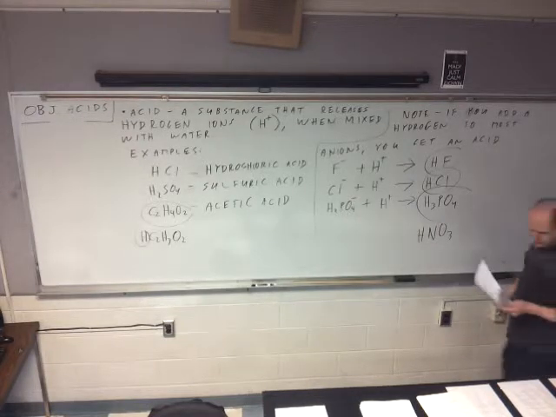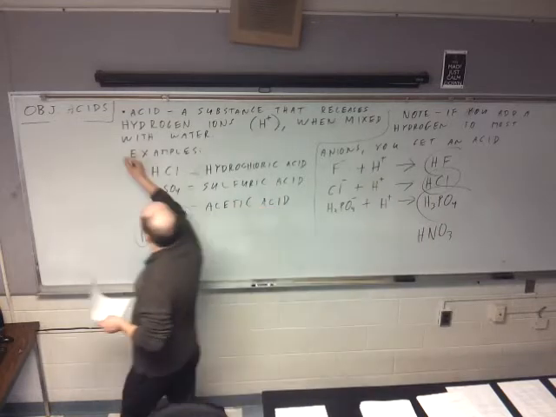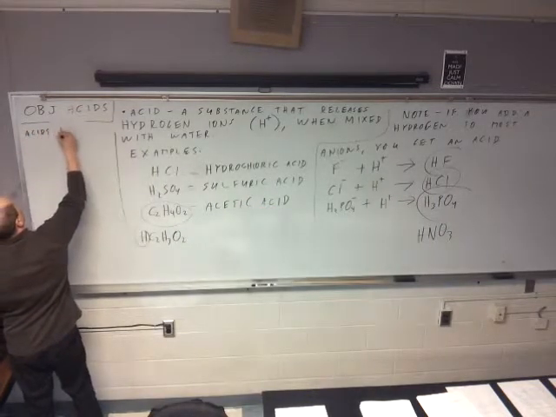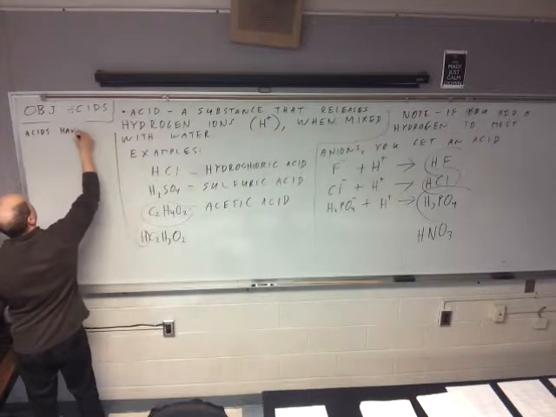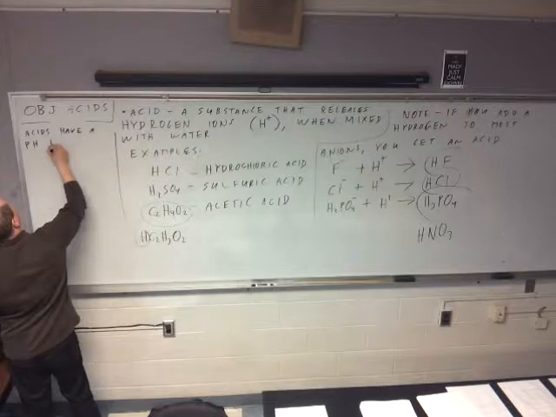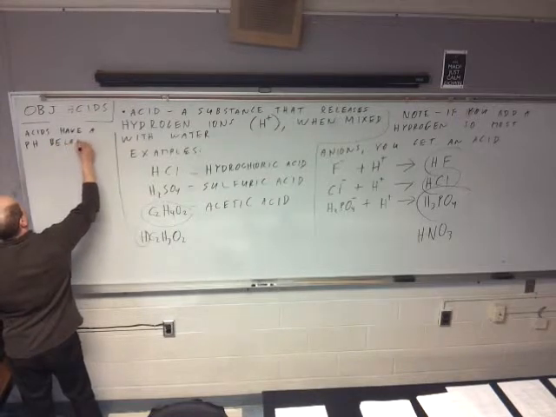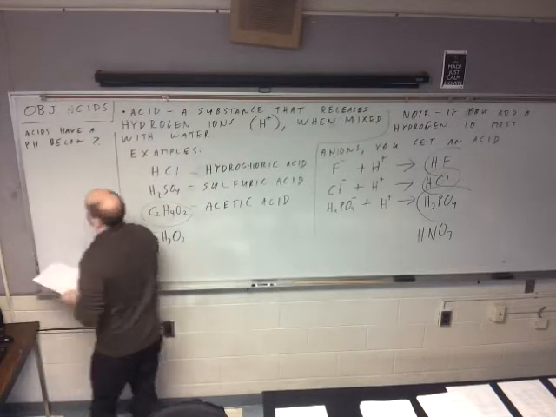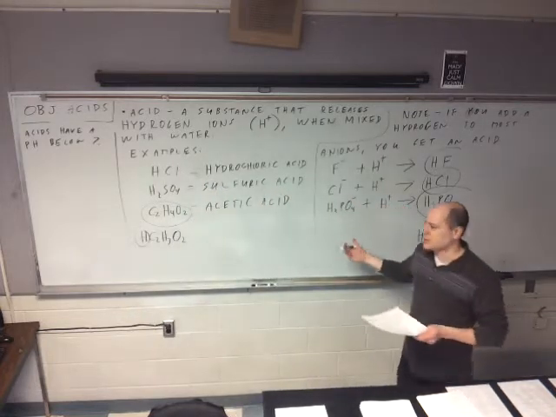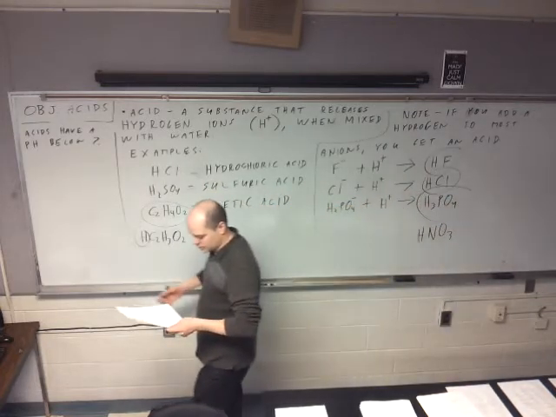All right, last thing, and then we're done. Acids. So basically, if we put an acid into water, the pH is going to be less than 7. If you have an acidic solution, the pH will be below 7.